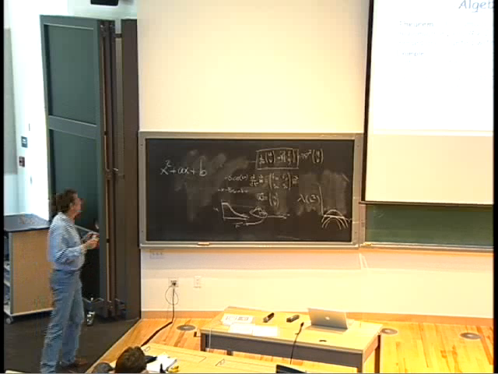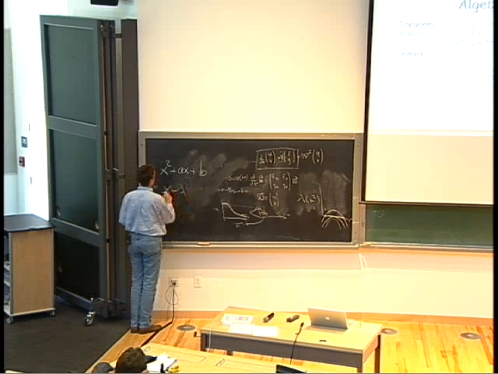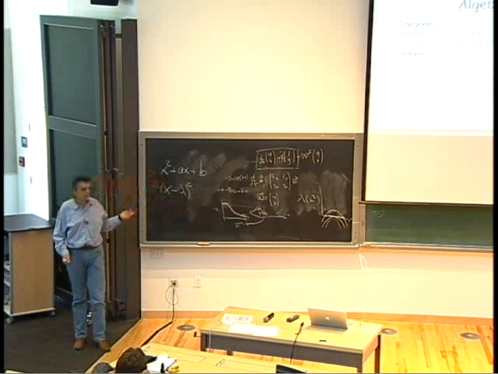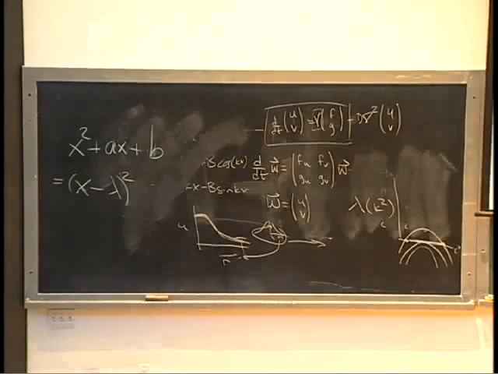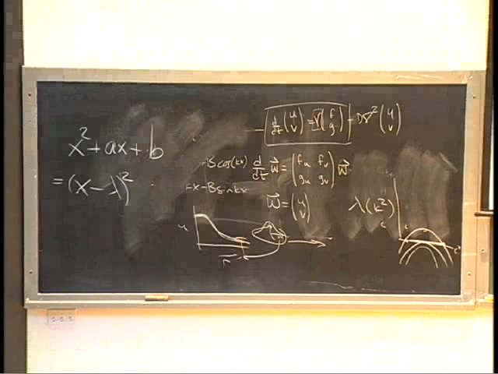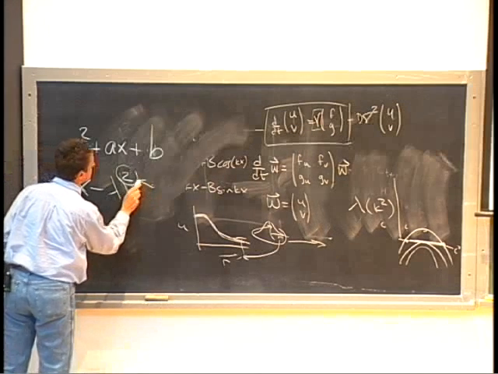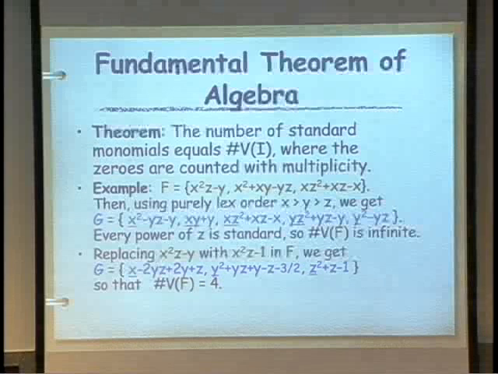If you're very, very unlucky, it could happen that the thing under the square root becomes 0, in which case there's only one root. But really, to be graceful, we'd like to call this guy having multiplicity two. So the multiplicity is sort of a number up there. And there's a way to say it too in this case, but maybe I don't have enough time.